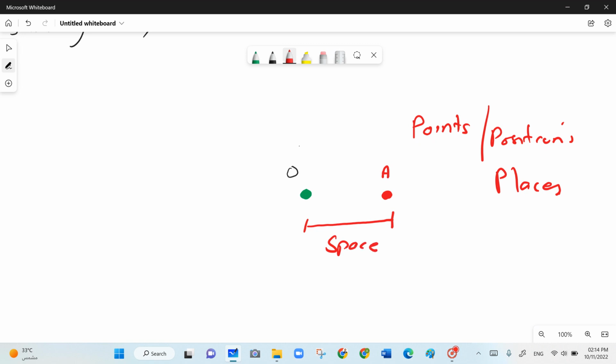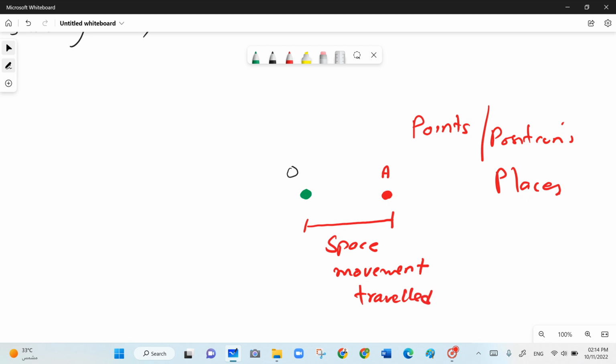If I want to reach from O towards A or A towards O, the object or observer needs to move. Motion is there, traveling is there. So I can use the word movement or motion, or traveling or traveled, between O and A.